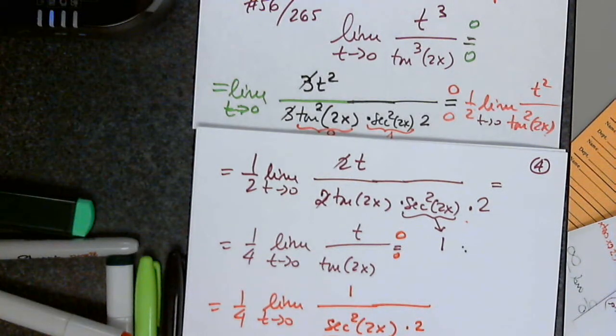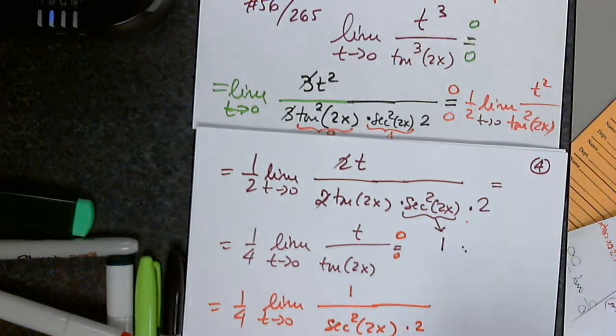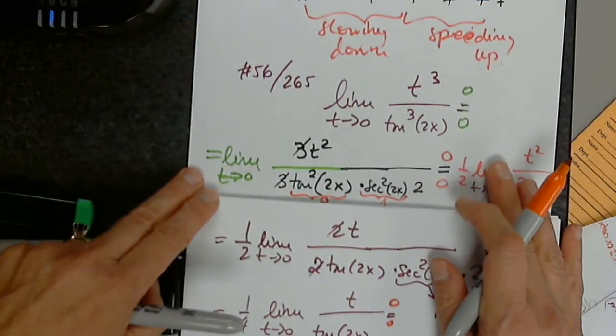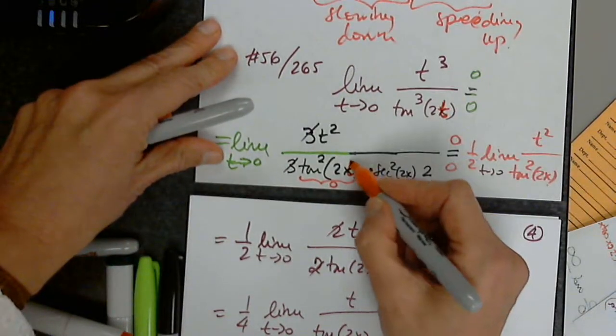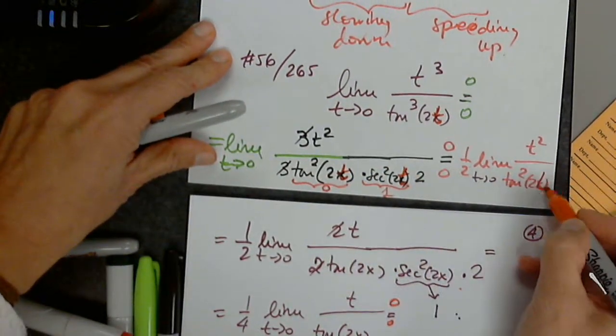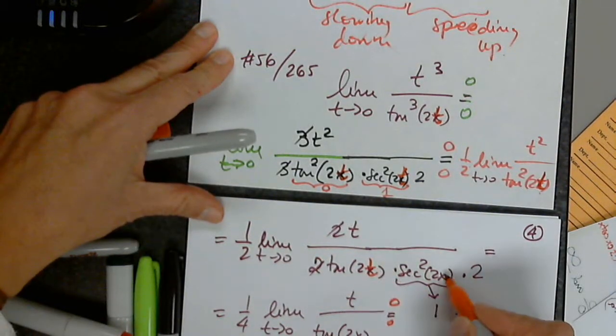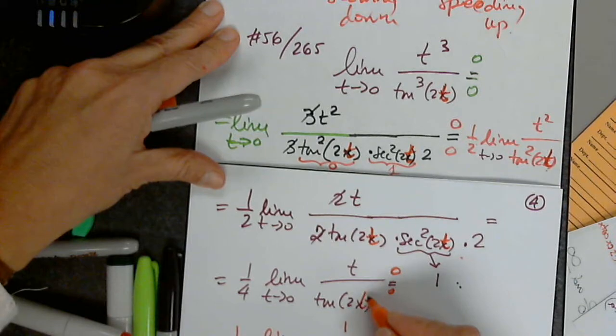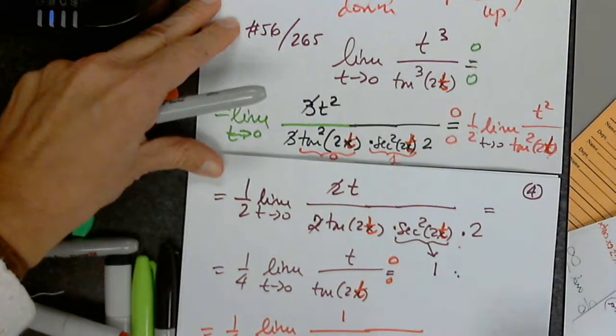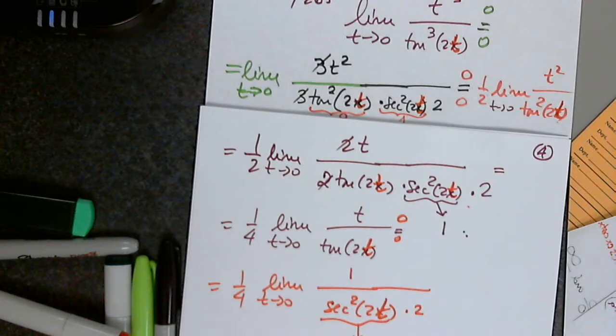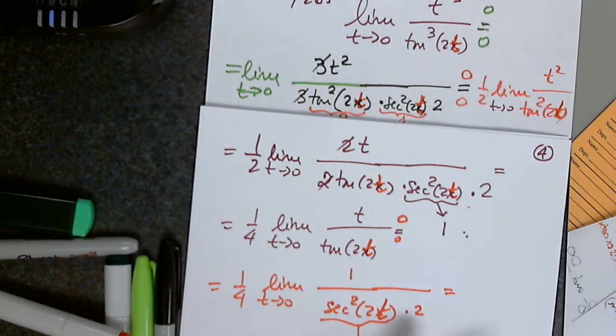But how much is secant squared 2t as t approaches 0? I wrote x in, but then, oh, I'm sorry. Of course, I meant t. Sorry. Okay, so then this approaches 1. So then the limit is, I have a 1/4 here and I have a 1/2 here, so the limit is 1/8.